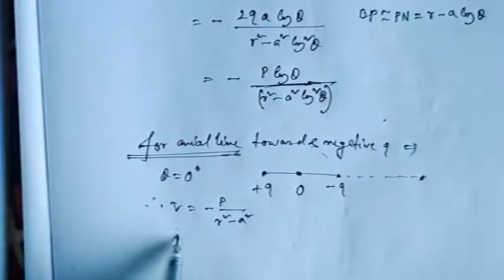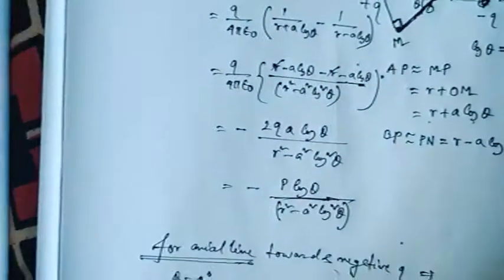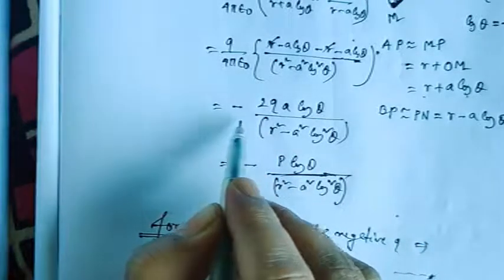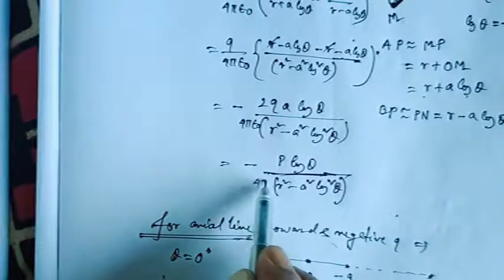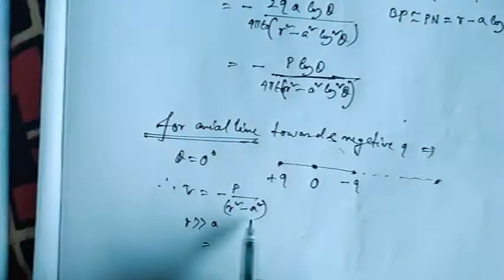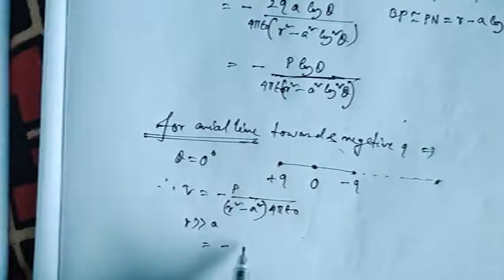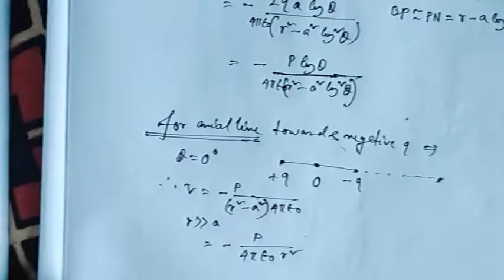Even if r is greater than a, therefore it will be, oh sorry, one thing here, 4 pi epsilon naught is there, we missed this term. So it will be minus P by 4 pi epsilon naught of r square only.